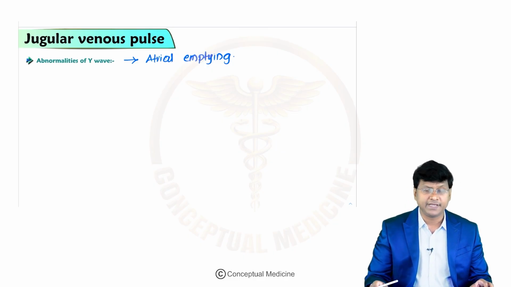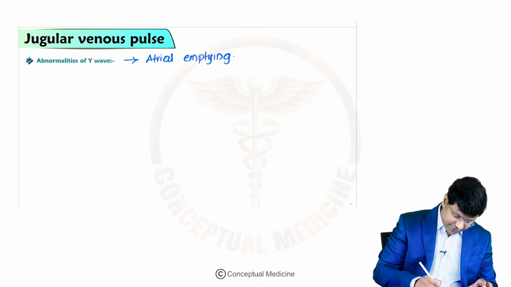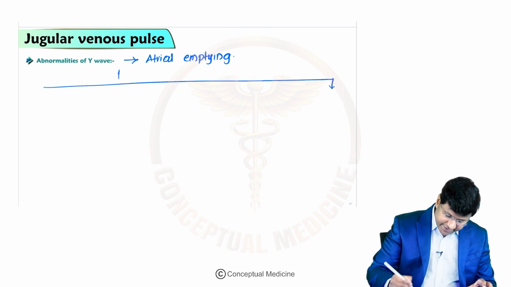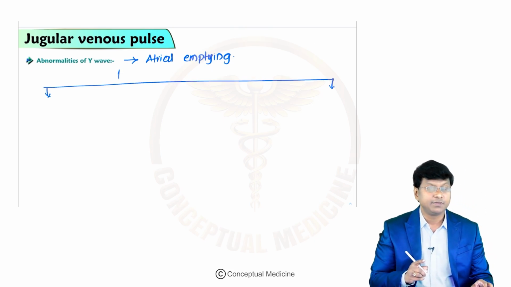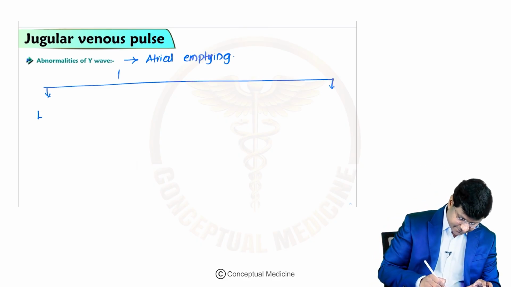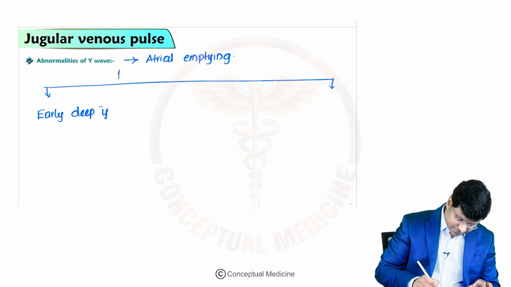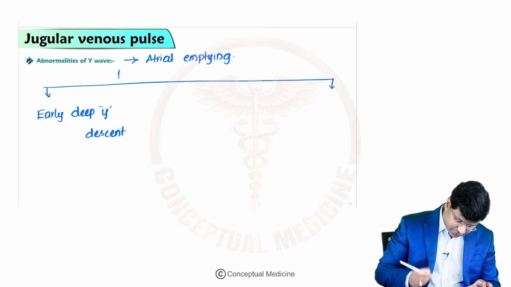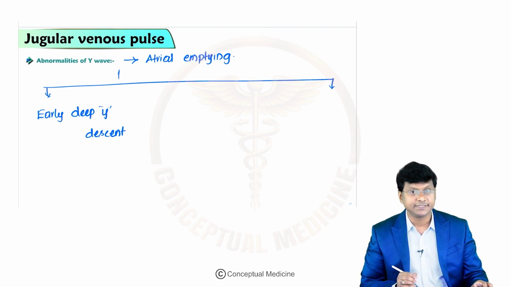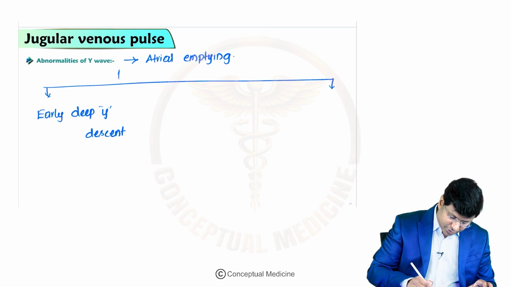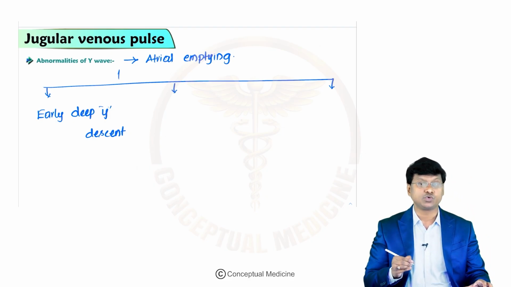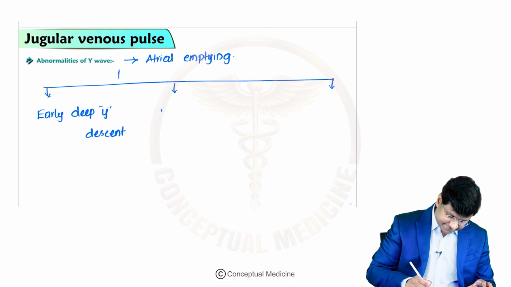Now what are the abnormalities of the Y wave? Number one, there is early deep Y descent. The second important abnormality is the presence of deep Y descent.